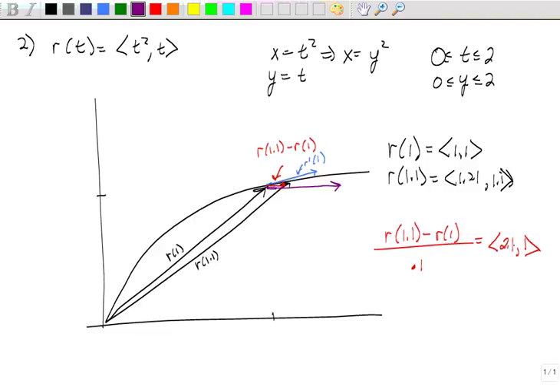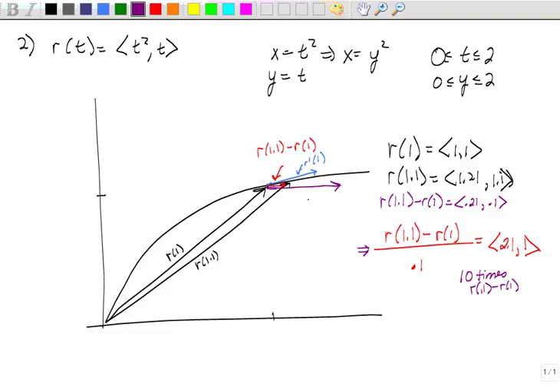Okay, because the red, let me keep it purple, R of 1.1 minus R of 1 is (0.21, 0.1). So that's shorter. This vector right here is 10 times the length of R of 1.1 minus R of 1. 10 times as long.